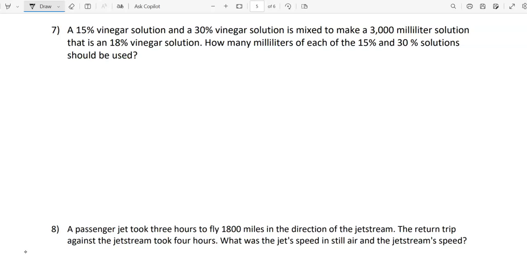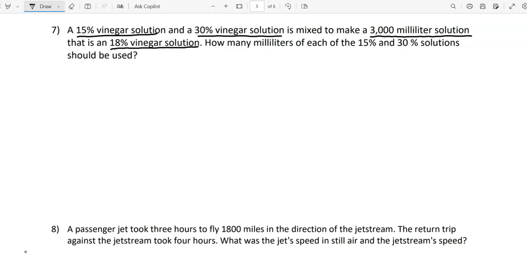Thanks. Did I just say 6, 7 again? I'm so sorry. A 15% vinegar solution and a 30% vinegar solution is mixed to make a 3,000 milliliter solution that is 18% vinegar. How many milliliters of each of the 15% and the 30% solutions should be used? This is number 7.